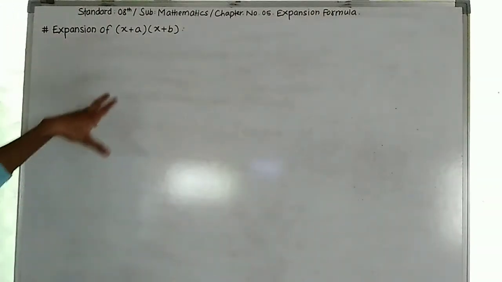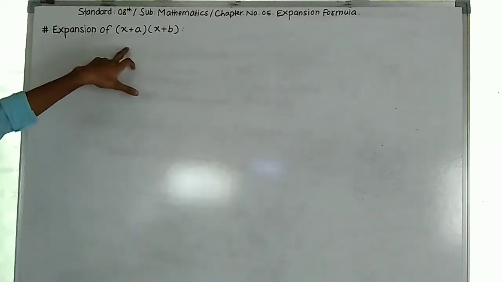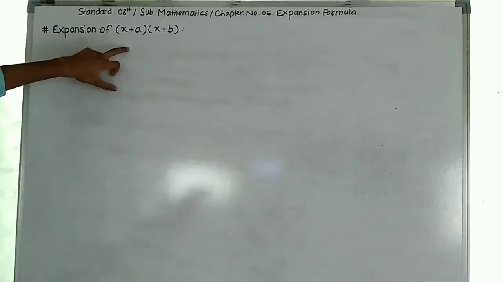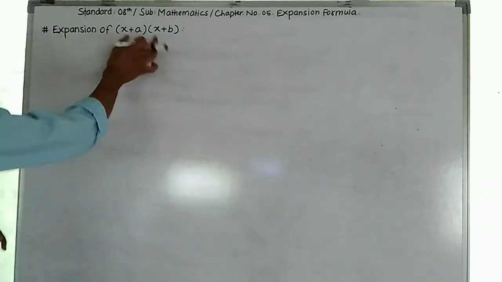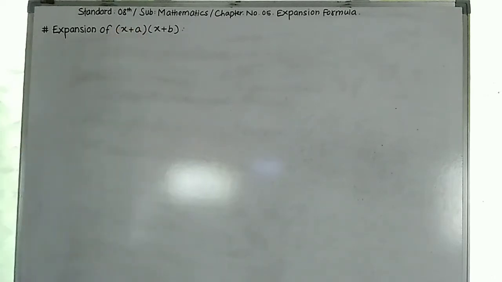Now here you can see that this term is not similar to the third formula, (a + b)(a − b). Both brackets have the same operator, that is the plus sign. So now we will see how we can find the expansion of this term.